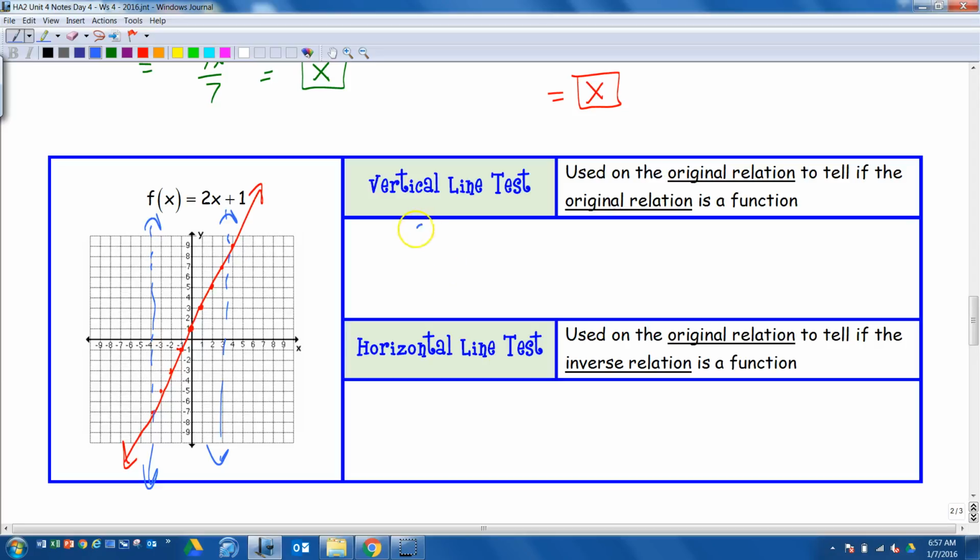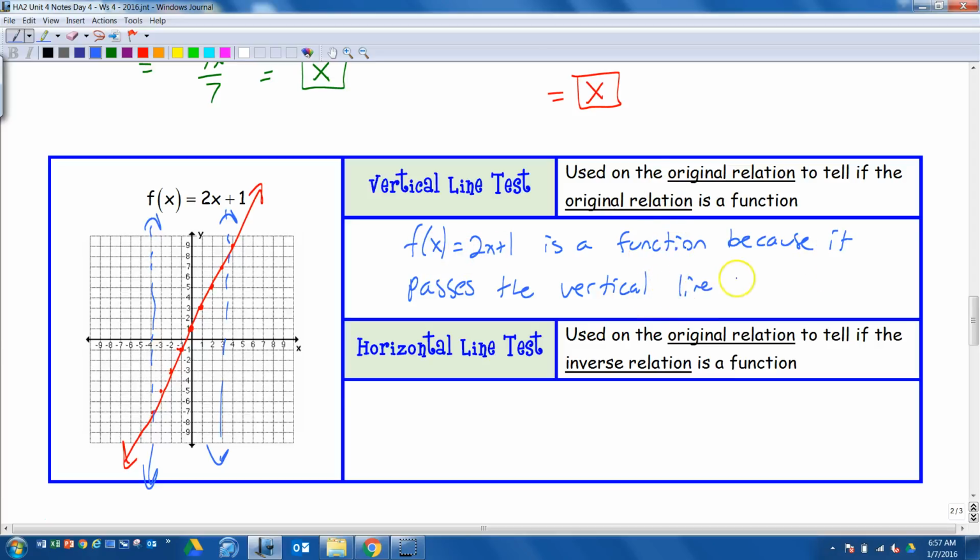So we would say that f of x equals 2x plus 1 is a function because it passes the vertical line test. Don't tell me it is a function because it passes the vertical line test. I need to know which function you're talking about. This one is a function because it passes the vertical line test.